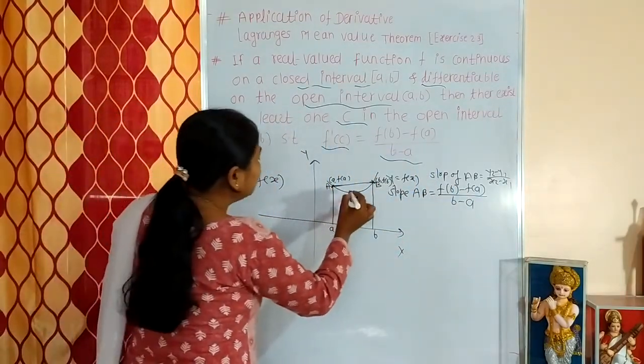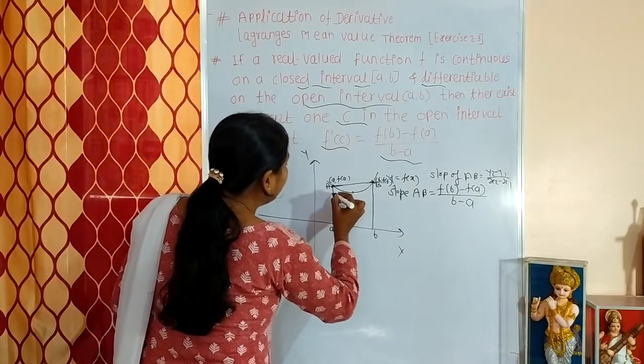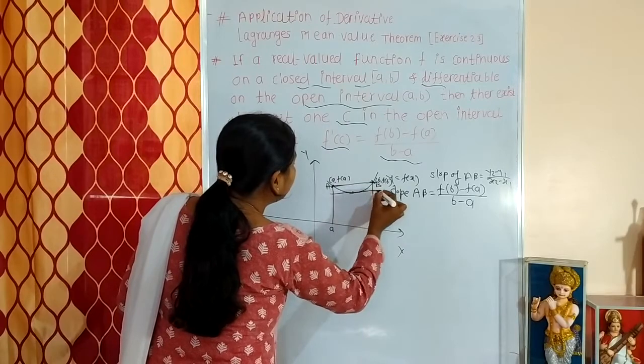And suppose there exists a point c belonging to the open interval AB, and we draw the tangent to the curve at this point.